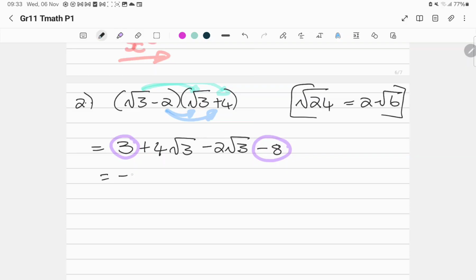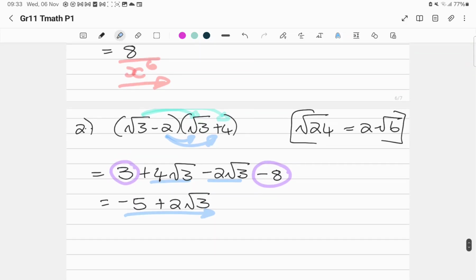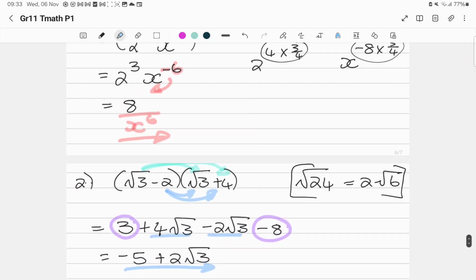So 3 minus 8 is minus 5. And then here I have 4 root 3 minus 2 root 3, which gives me 2 root 3. Easy, there's my answer. Alright, so roots, you always need to get marks for that. And you can even type that into your calculator and check, did I do the right thing? Do I get the same answer?